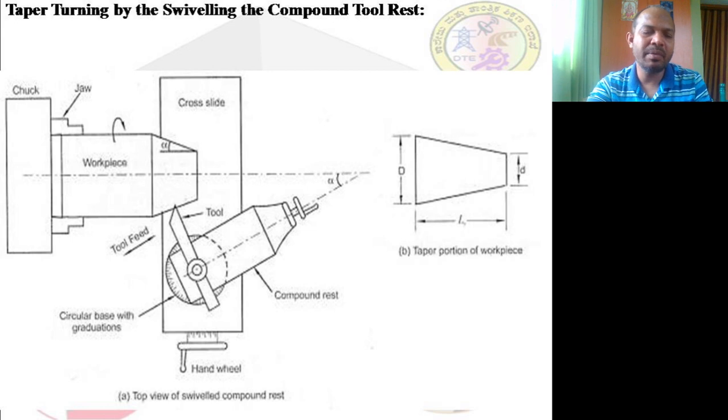The tool feed will be given like this. All of a sudden we will not give it, we will gradually give the depth of cut, so that the required shape will be achieved. Was it clear? That makes a taper turning by swiveling the compound rest method.